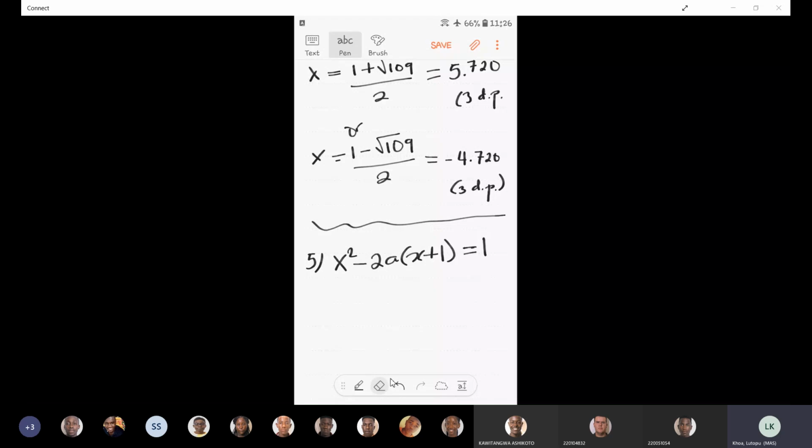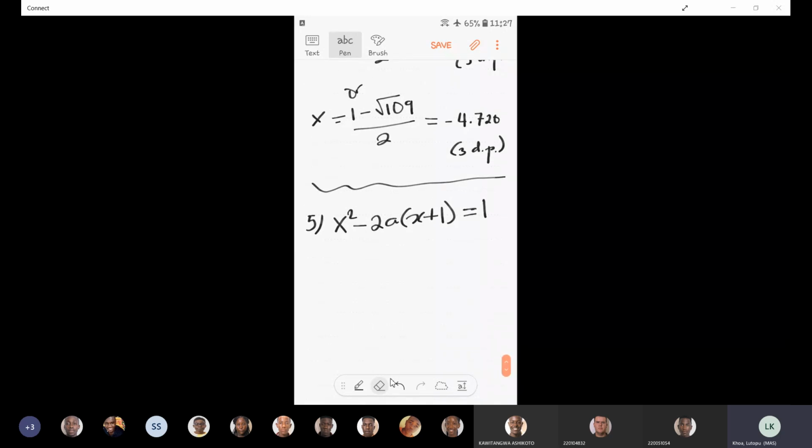So we still work it out in the same way. Write it in standard form. Remember, standard form, I must see x squared with its coefficient, x with its coefficient, and then c, which doesn't have x. Can have anything else, but the variable we're interested in here is x. So we'll treat a as a constant.